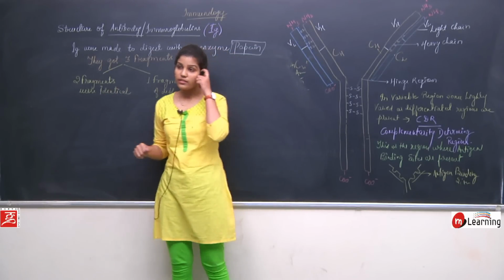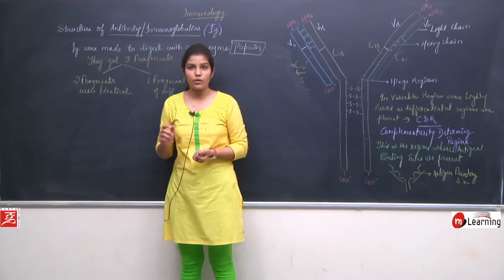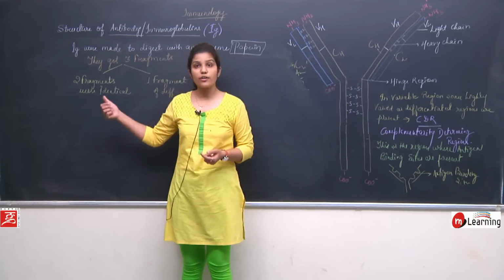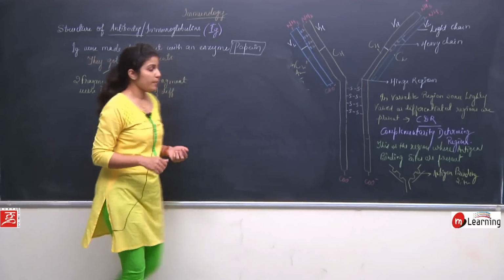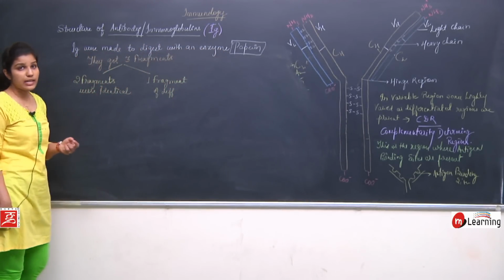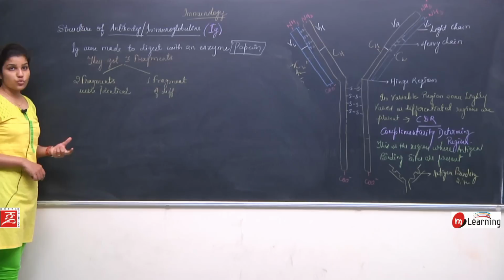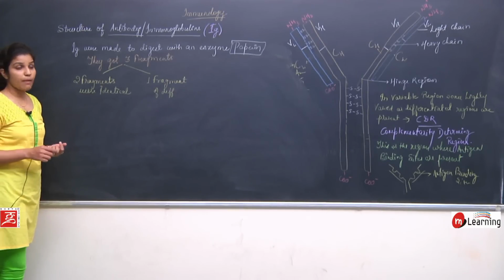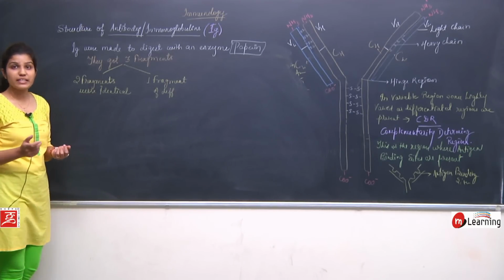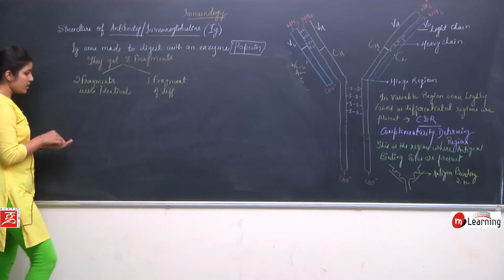Okay. This fragment is kind of a bigger one. Now, these two fragments were identical and one was different. So, these were the two identical parts. In these parts, the antigen binding region or antigen binding sites are present.